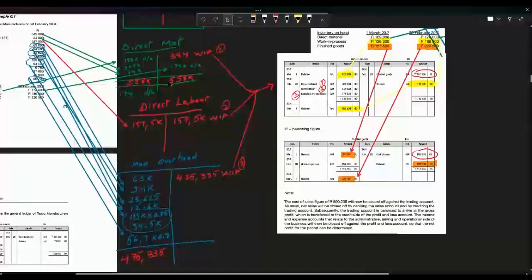We need to add up what came from the previous year of production, plus the finished goods that we manufactured. Both of them give us a total, and like I said, this total needs to be replicated on both sides.